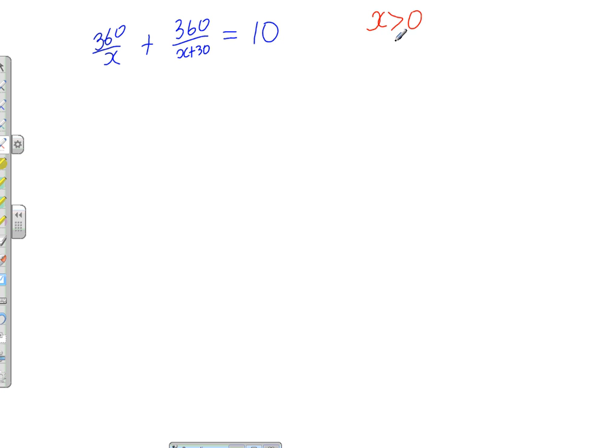And let's get our LCD. LCD is going to be x times x plus 30. We've got x and an x plus 30, so let's multiply each of them by that.